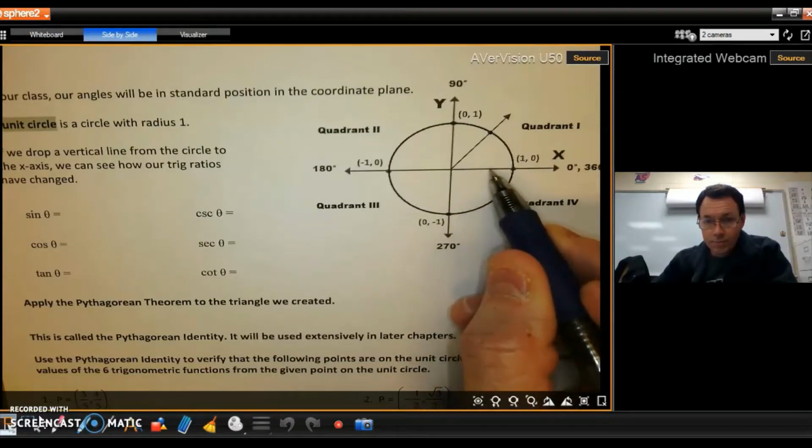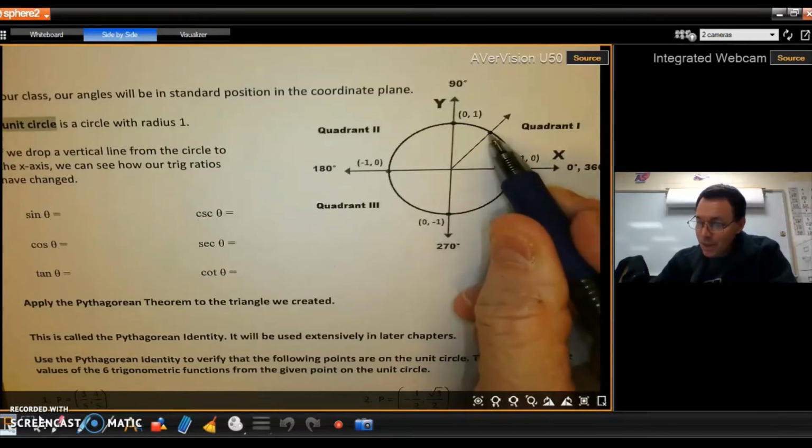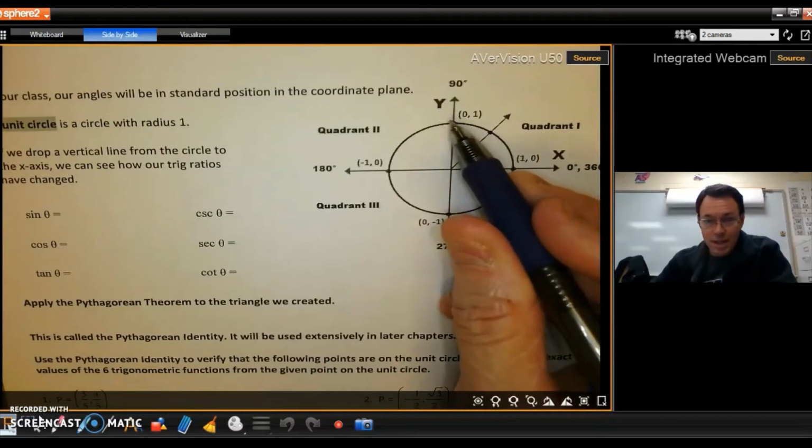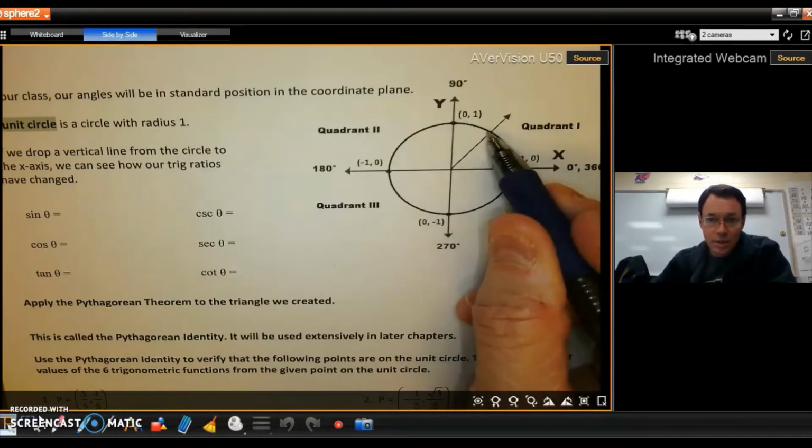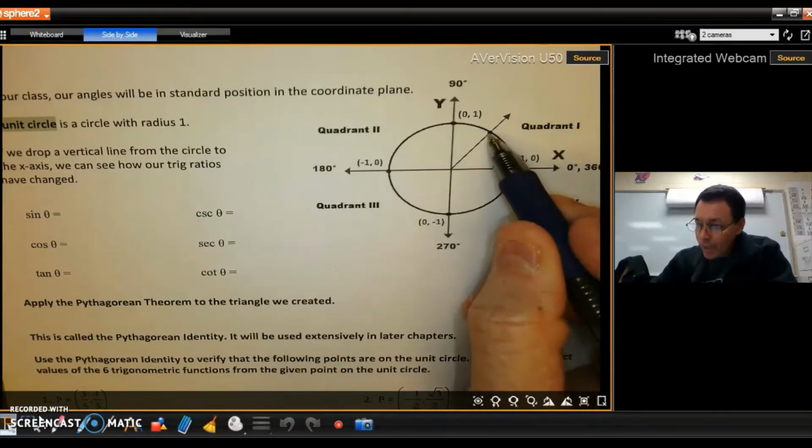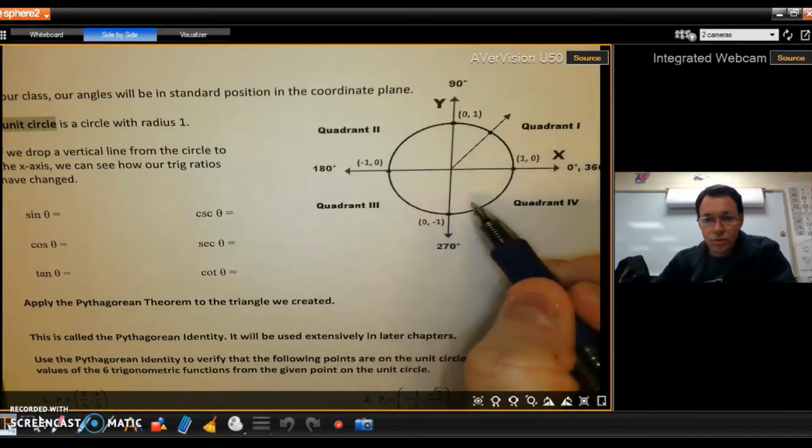I'm going over 3/5 or, I don't know, some weird fraction. And then I'm going to go up also some fraction because I'm not going up all the way to 1. This is 1, so this is a little bit less than 1. So again, it's some fraction. So when we're looking at the points that are on this unit circle, they're going to look a little weird.